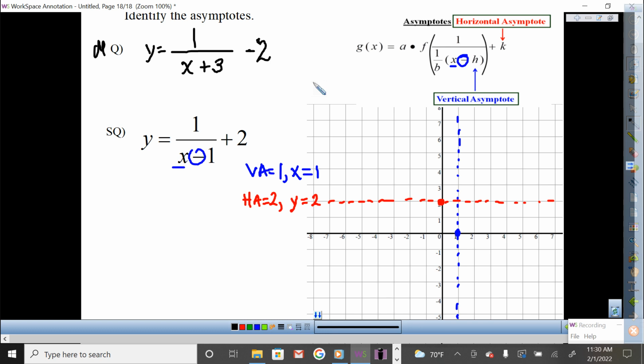Identify your horizontal and vertical asymptotes. Do you remember the vertical asymptote and the horizontal asymptote for that one, please?